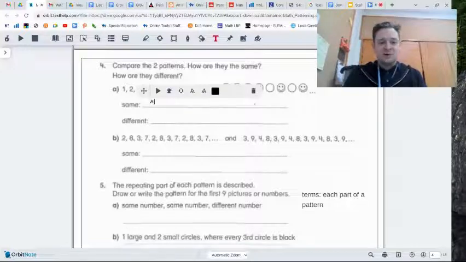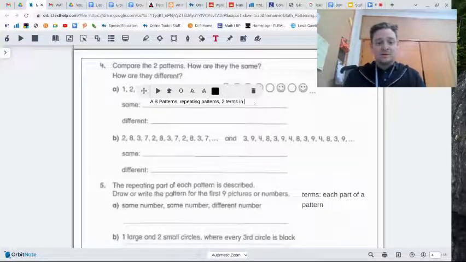They just kind of rotate between 2 different things back and forth. So they're both A-B patterns. They're both repeating patterns. They both have 2 terms in the core.